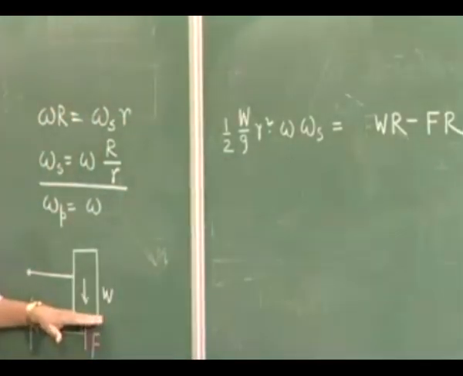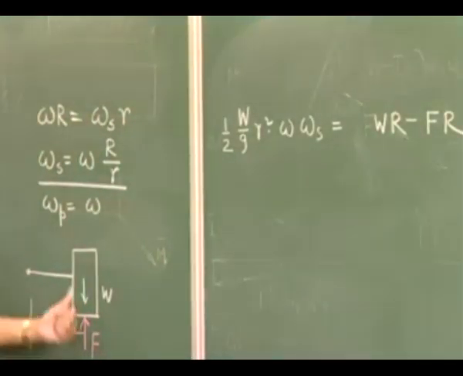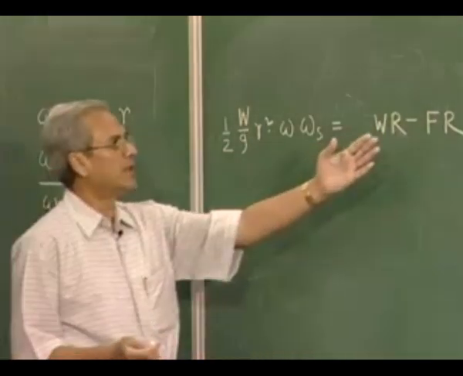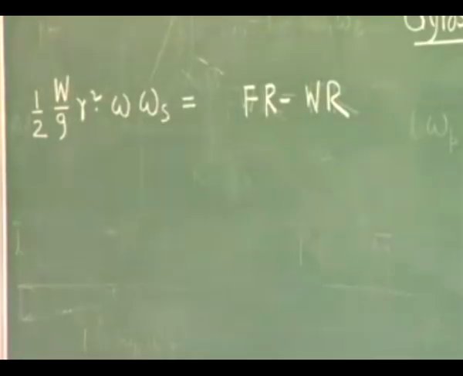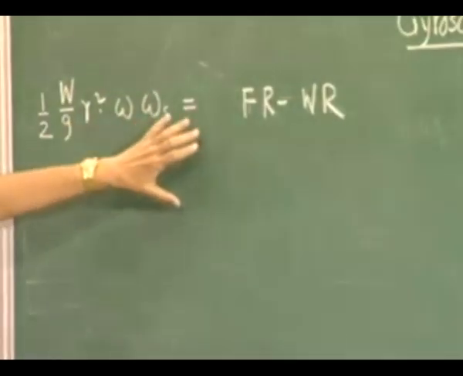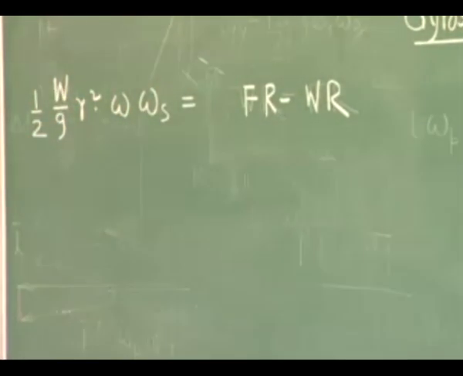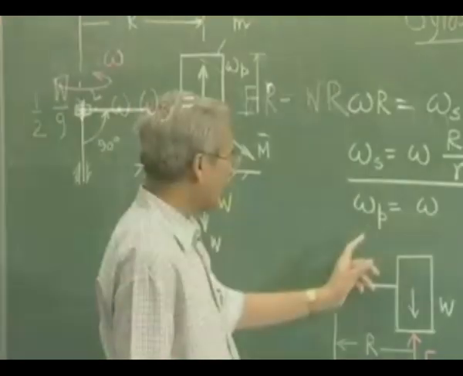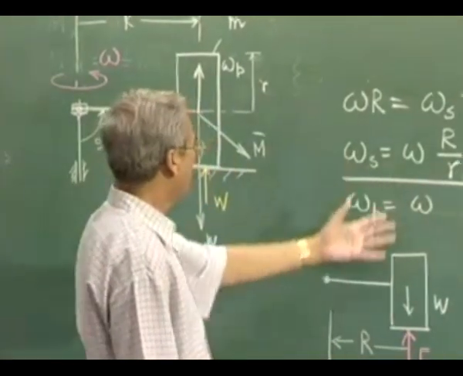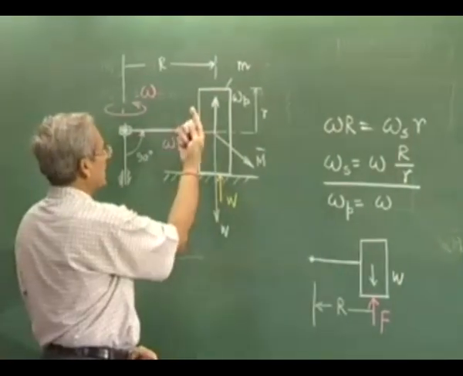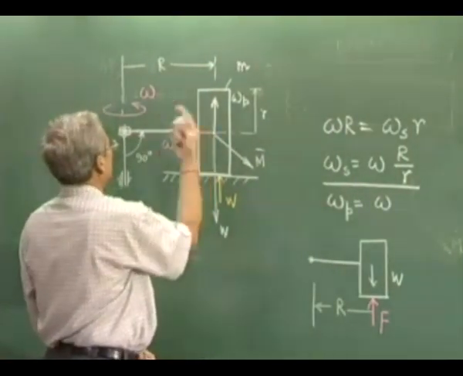Now this F, that means the force it is receiving from the contact at the floor, is the crushing force. So this is the crushing force. What I have been telling just now is that this is the magnitude of the gyroscopic moment which must act on this to have this motion, that angular spin in this direction and a precessional motion in this direction.